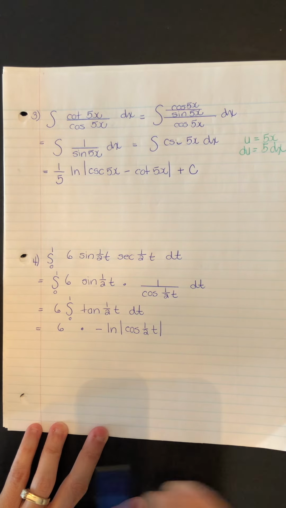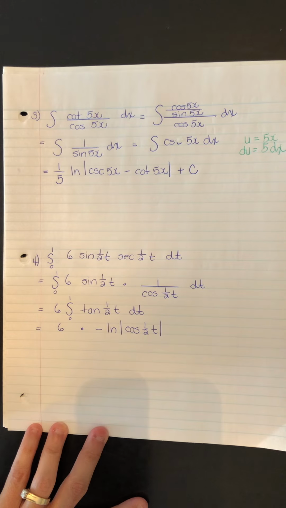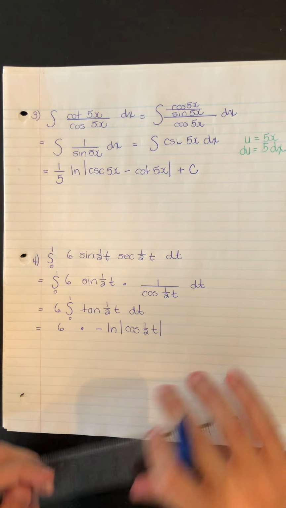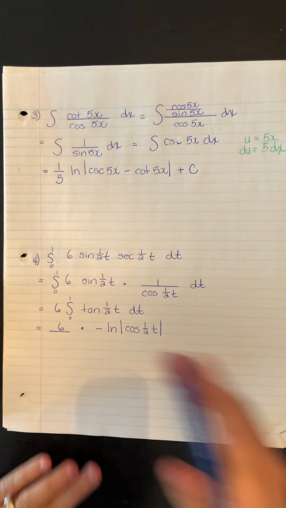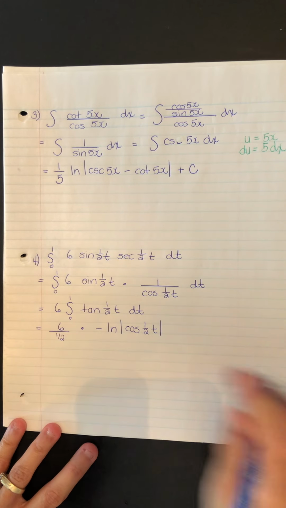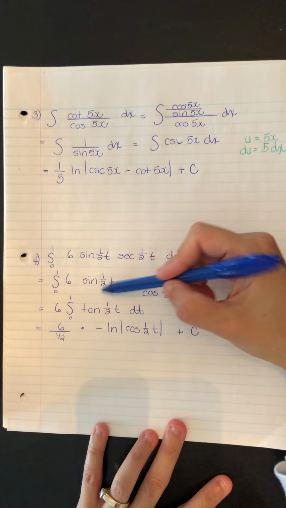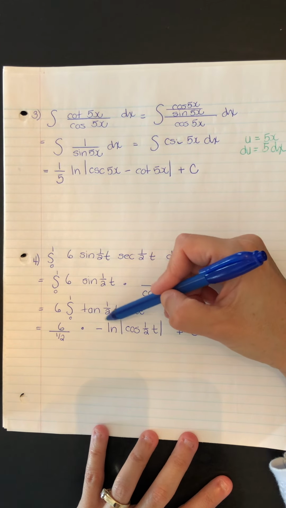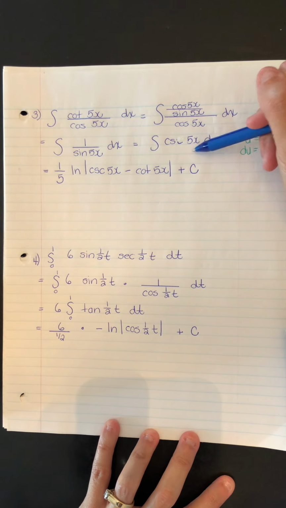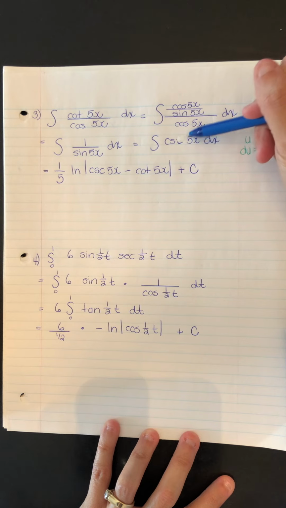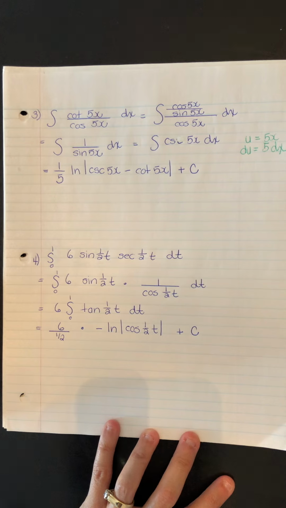Now, we also need to make sure that out front we divide by 1/2. Why are we dividing by 1/2? Because the derivative of the angle is 1/2, just like in this previous one here. The angle was 5x, its derivative was 5, so we divided by 5.